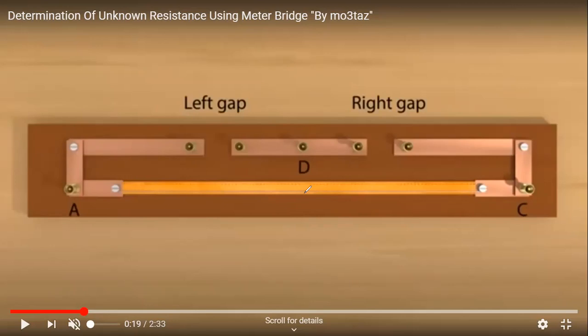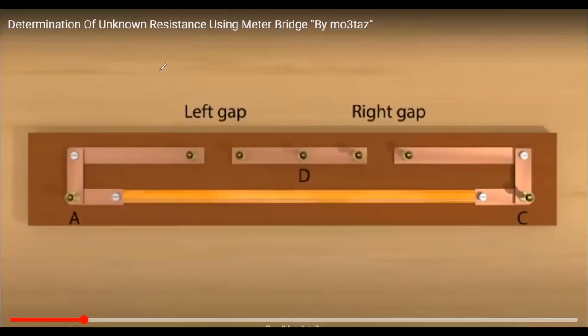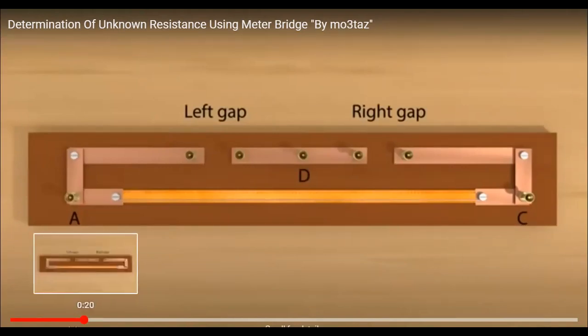Because manganese and constantan have very high resistivity and a very low temperature coefficient. That is why the meter bridge wire is made from manganese or constantan.